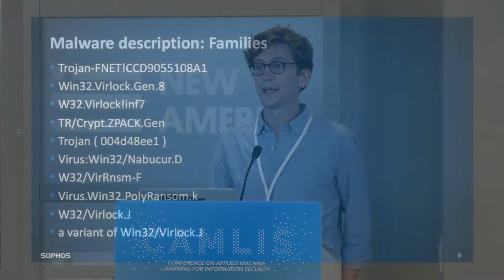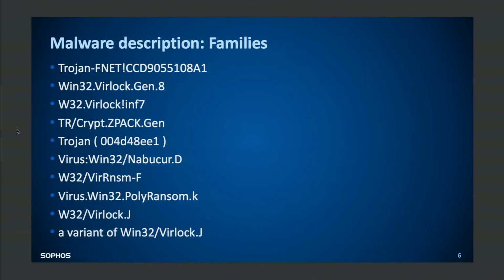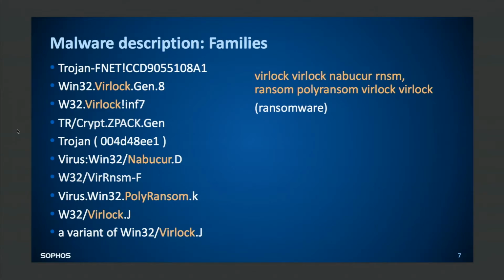This is an example for one particular malware sample. These are all the names that 10 different antivirus solutions gave to the same sample, and if we read between the lines, any of these is informative alone, but if we look at them in a transversal way, we start finding that there is more information than meets the eye in the first place.